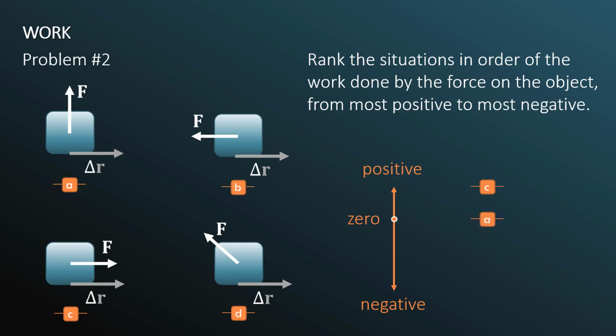So we have C as the most positive, we have A as 0 work done on the block by this particular force, and now we have to look at B and D. Well, B has the force perfectly anti-parallel to the displacement vector, which means that it will be the most negative, and therefore we need to put D as our next option, and then B.